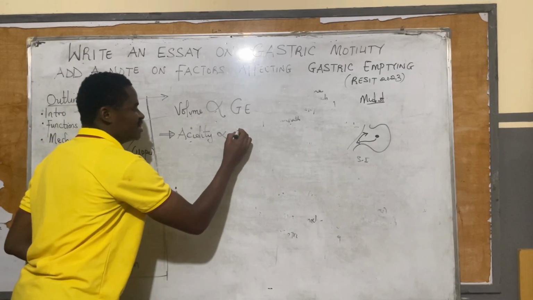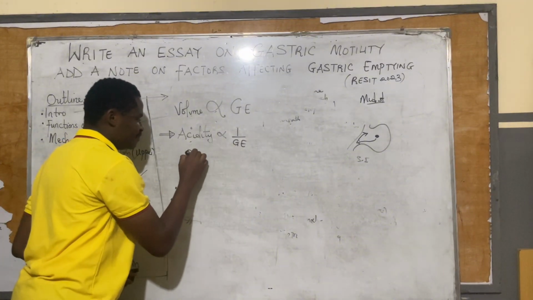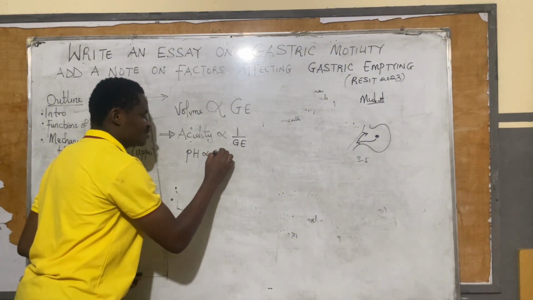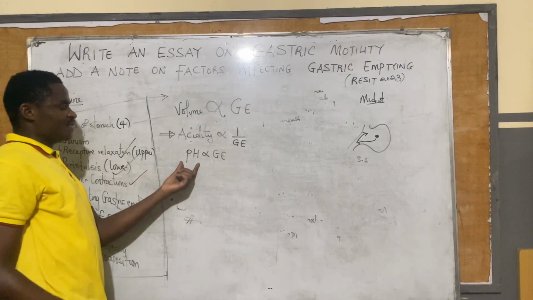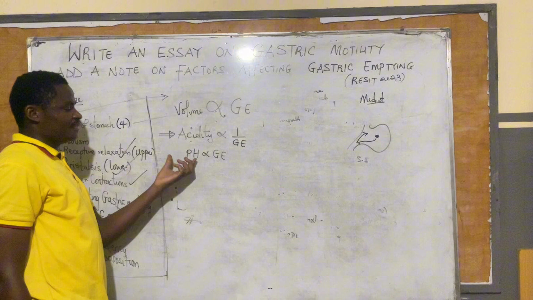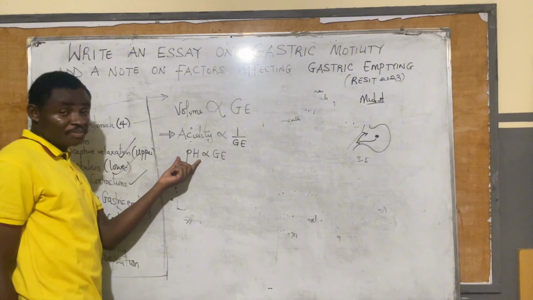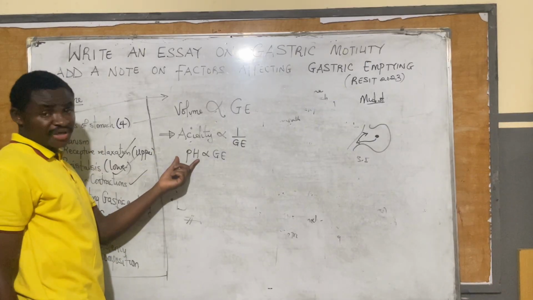That should have been pH then, so over GE. Now, look at this. pH is directly proportional to GE. Now, what I mean is this. Now, watch. The pH of a substance, if you want to express it as acidity, should be a low pH. If you want to express it in alkalinity, it means it's a high pH.